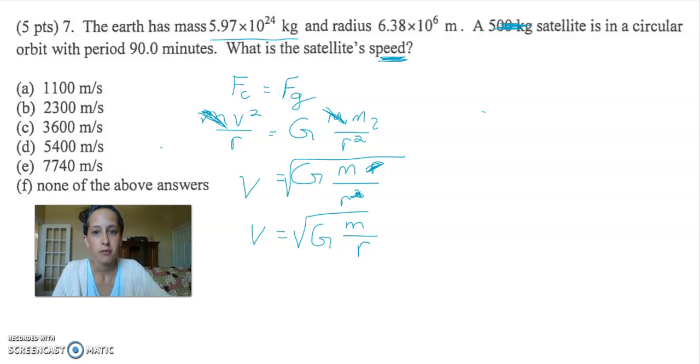Okay, so we need r. Okay, so let's think about this. What information have they given us that we've not used yet? The radius of the Earth, which is, I guess, handy, but we don't need it. The r down here, that's the radius between the objects. So we have like satellite and Earth.